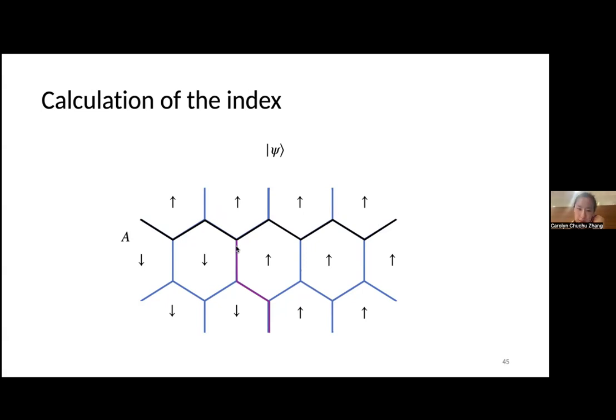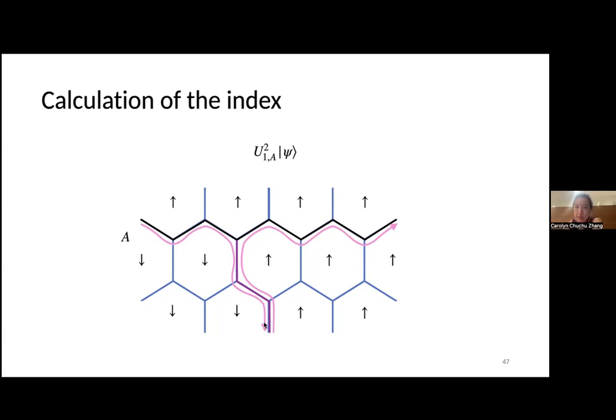And you can see that this particular configuration below the black line has a domain wall here. So when you act with U, then you flip all the spins, and then we also do a translation such that the up spins are to the left. Now, when we do it again, we flip all the spins again, and then we do a translation so that all the up spins are to the left.